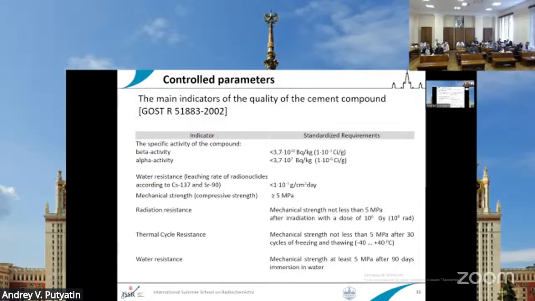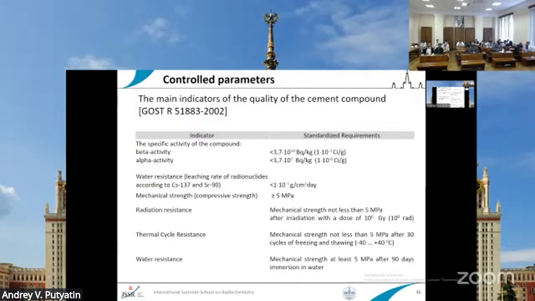And there is a list of specific parameters that must be tested for the specific matrix. For cement compounds, there is the leaching behavior of cesium and strontium, the mechanical strength, and the radiation resistance up to a dose of 1 megagray.